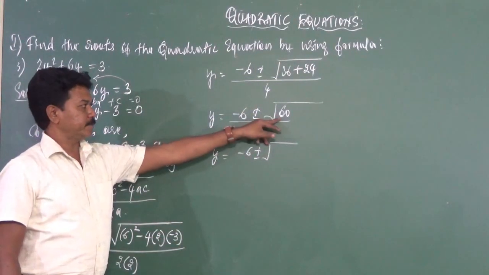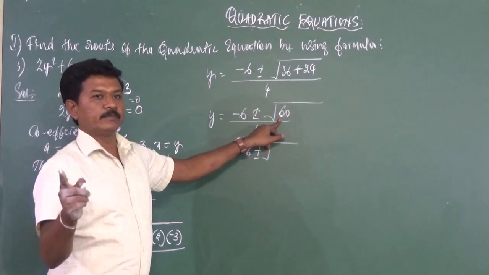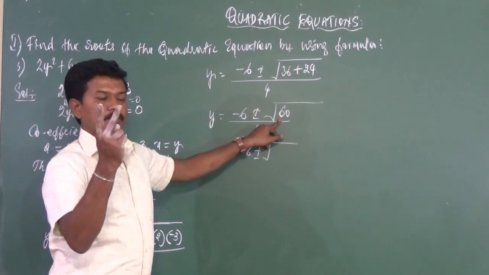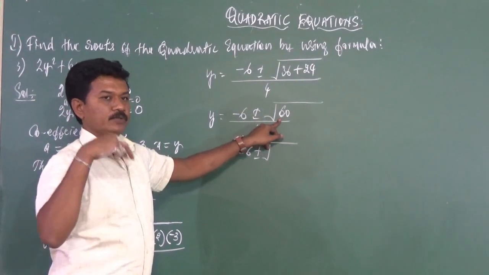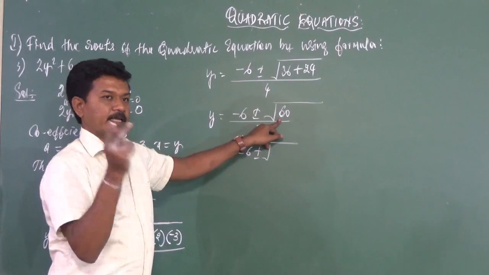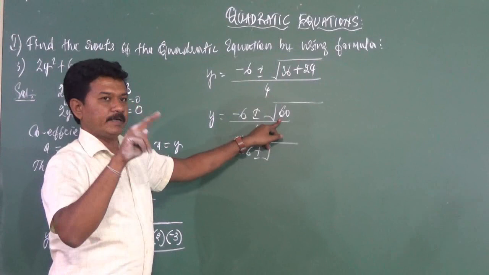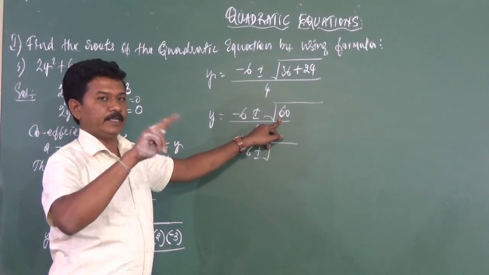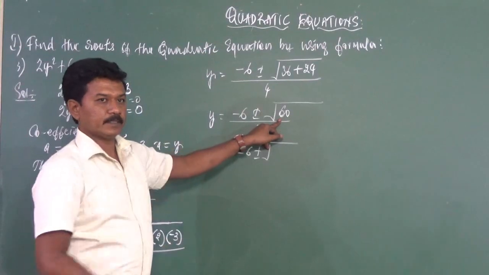So inside the square root, look at the number and write it as a product of 2 numbers, such that among those 2 numbers, one should compulsorily be a perfect square. So I choose 12 into 5, 60. 12 can again be written as 4 into 3, so 3 remains. So 15 into 4 becomes 60.